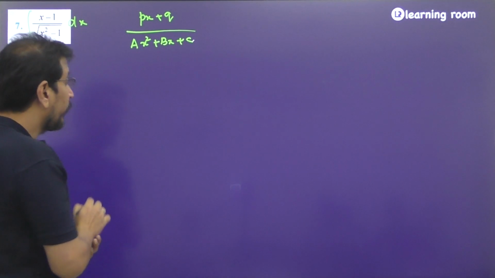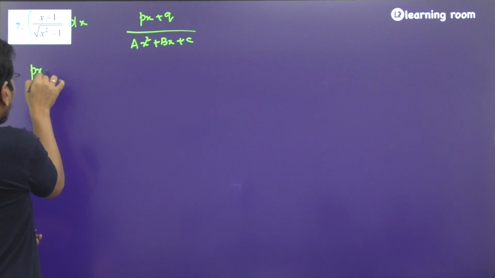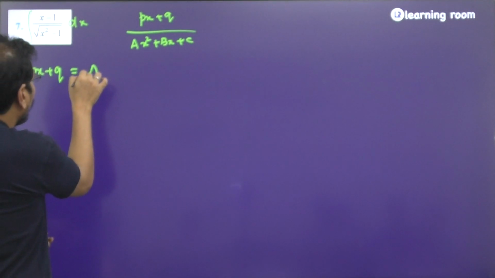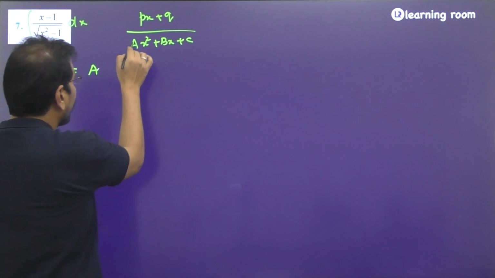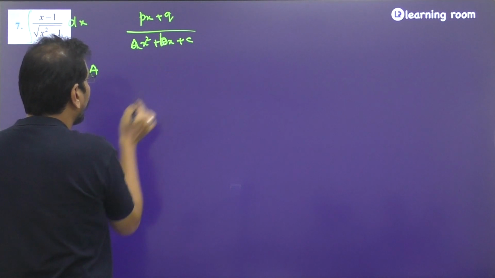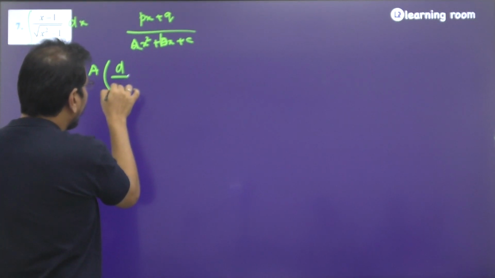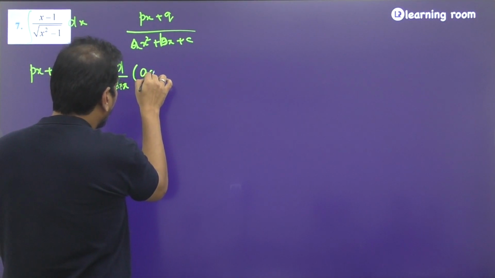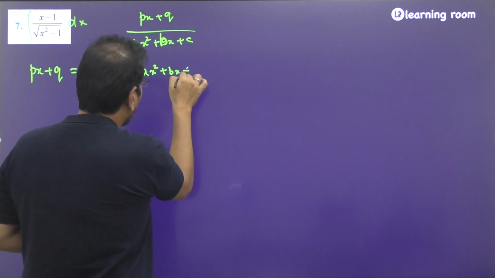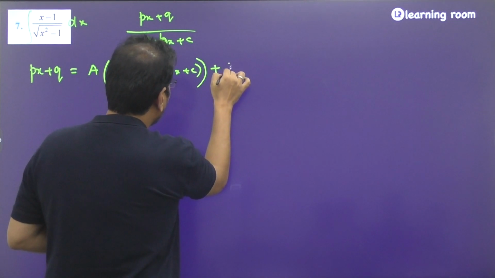So what are we supposed to do here? You write px plus q is equal to A into d by dx of ax square plus bx plus c, plus capital B.